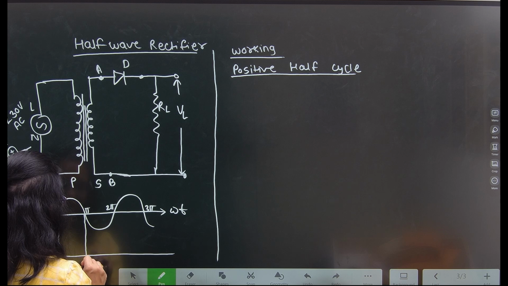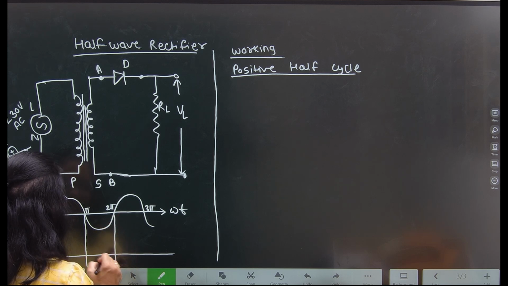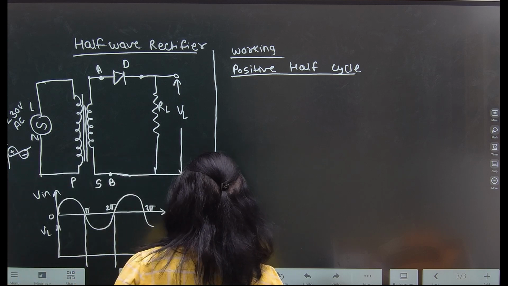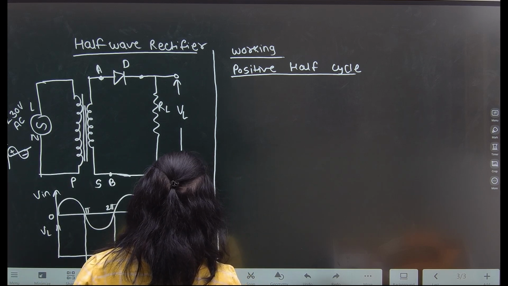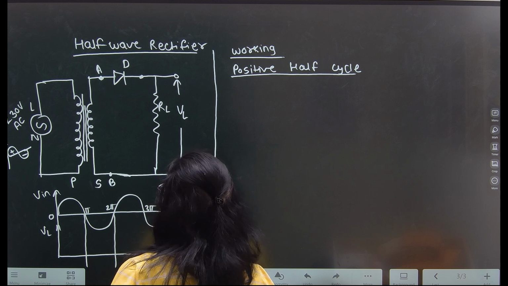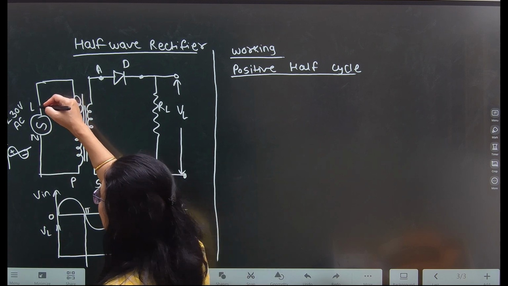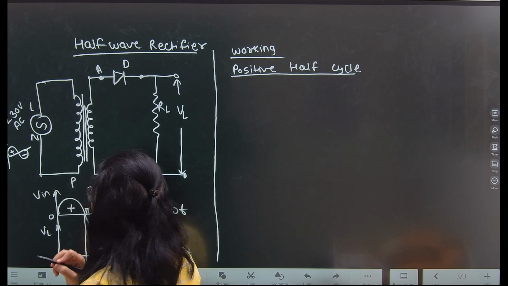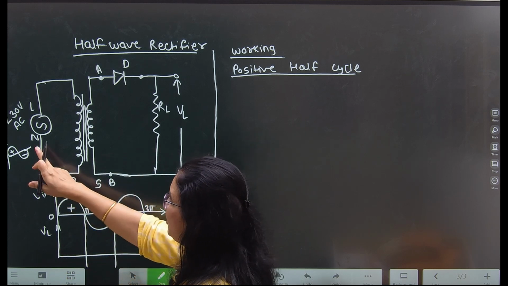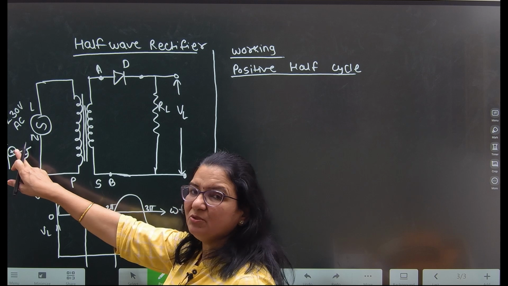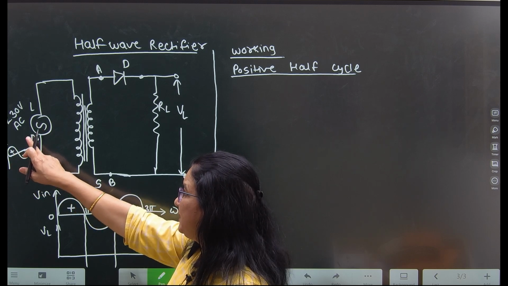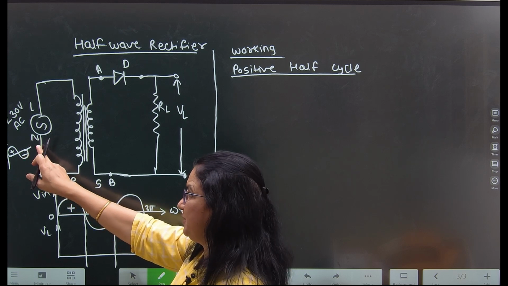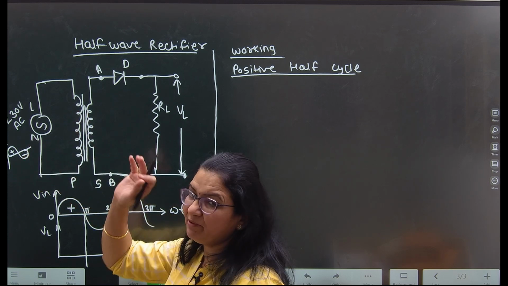Here we will consider this as the output voltage across the load resistor, versus omega t. So, positive half cycle means this part of the input voltage. If input is applied in the positive half cycle, the L terminal is positive and the N terminal is negative of the transformer's primary winding.